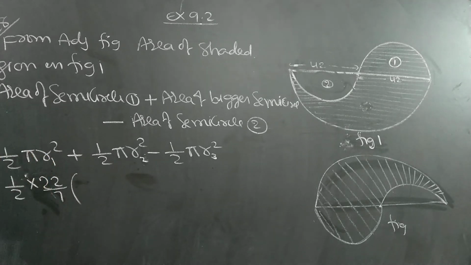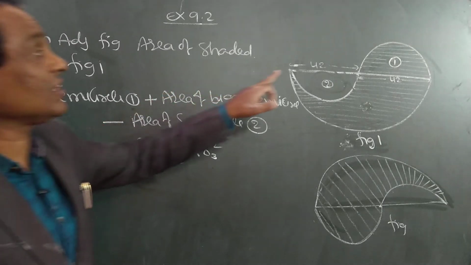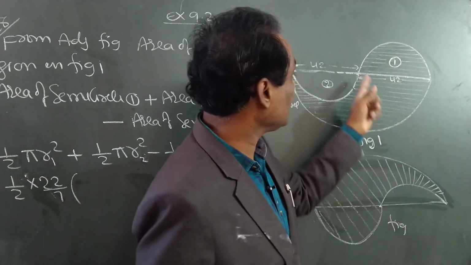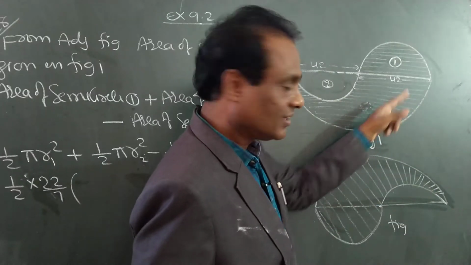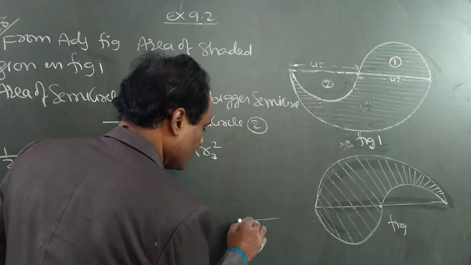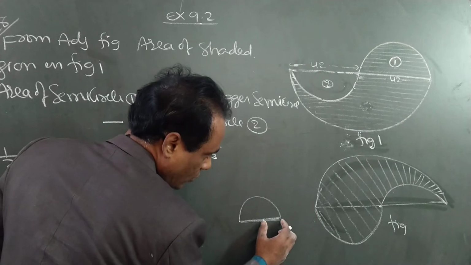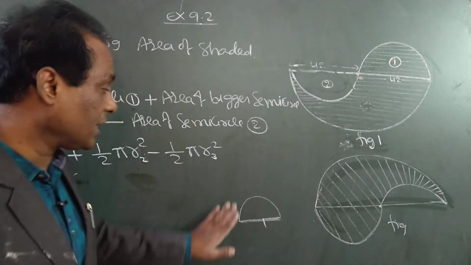But r is how much? See the semicircle 1. Radius is how much? This total is the diameter. Radius means only half. This is called radius, this total is called diameter.